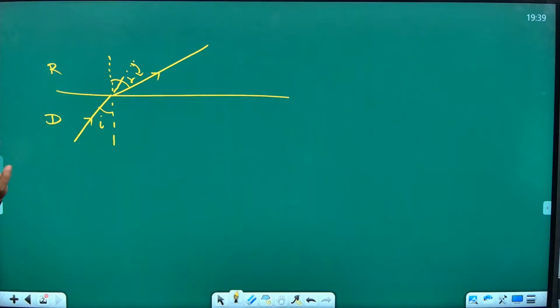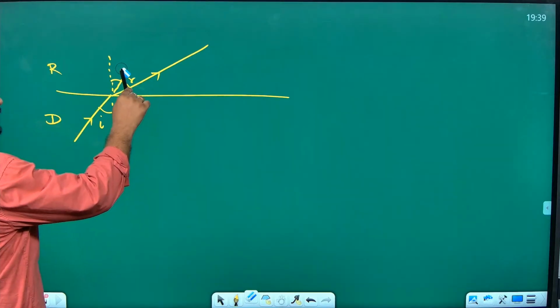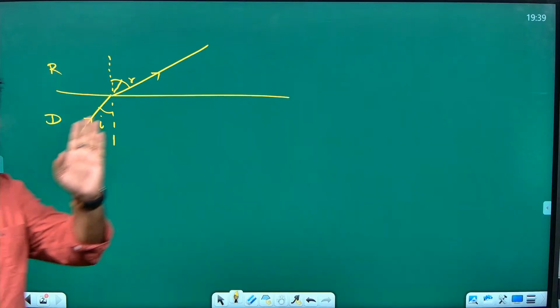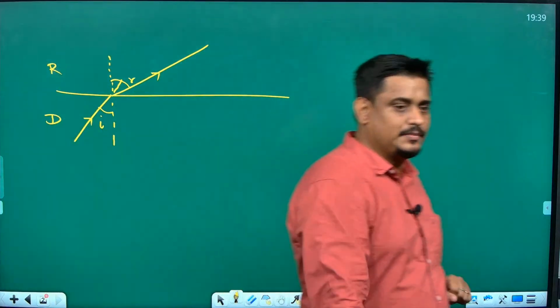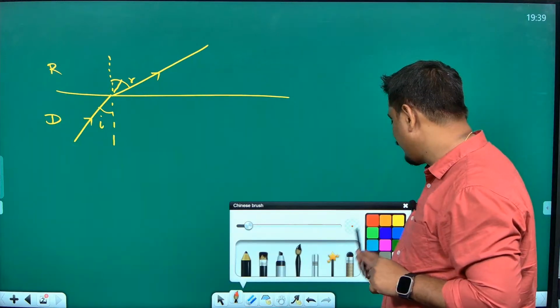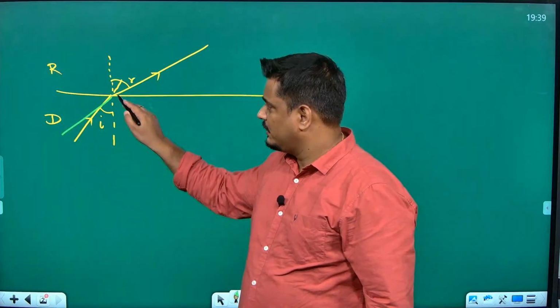So whenever the light ray is going from a denser medium to a rarer medium, what happens? The angle of refraction is greater than angle of incidence, or I can say light is bending away from normal. If I increase the angle of incidence, then what will happen? It will also increase.